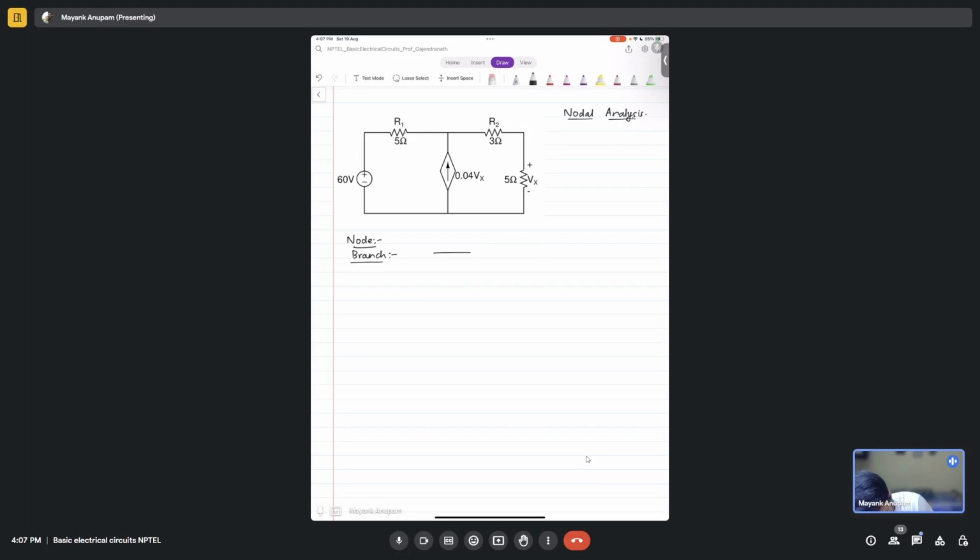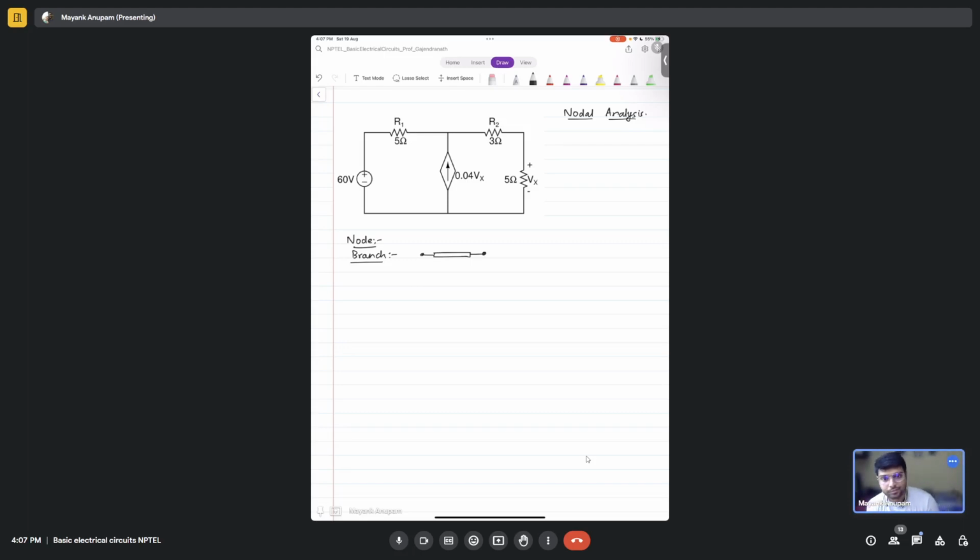See, if you have any electrical element, then basically it will have two or more terminals associated with itself, right? Any electrical element will have at least two or more terminals associated with it.